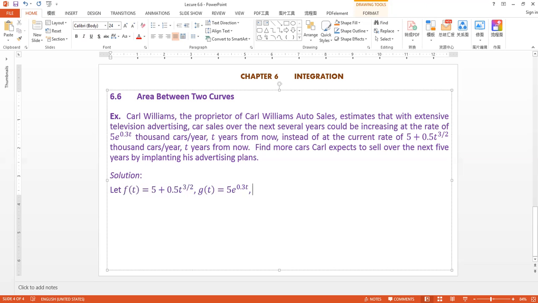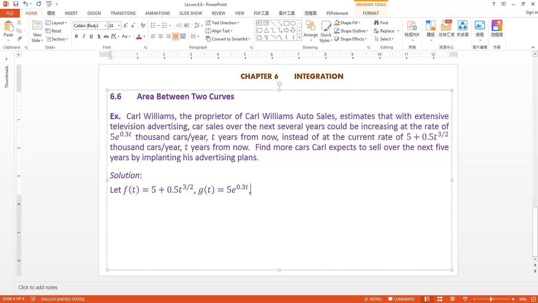You graph them, and we need to integrate the difference of those two functions. We try to find the area between the two curves, from 0 to 5.